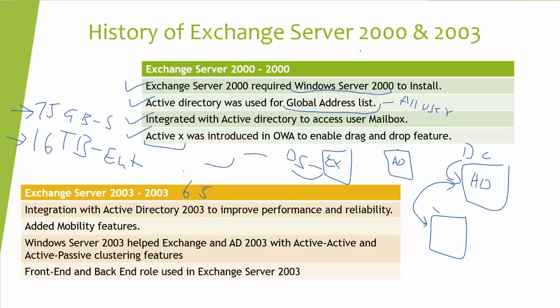One of the other things they added was integration with Active Directory to improve performance and reliability. And then they added a mobility feature where you were able to configure emails on your smartphones, iPads, and many other mobile devices, and then access your emails from wherever you want.